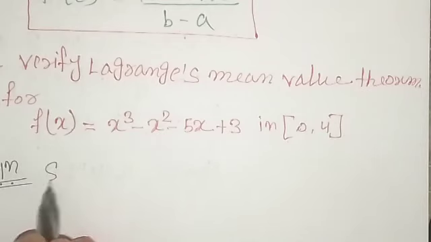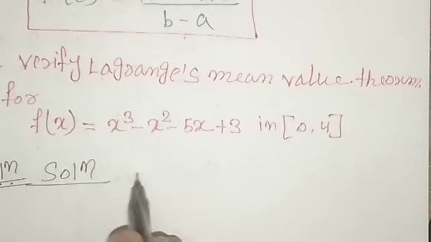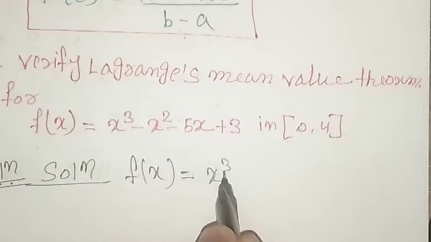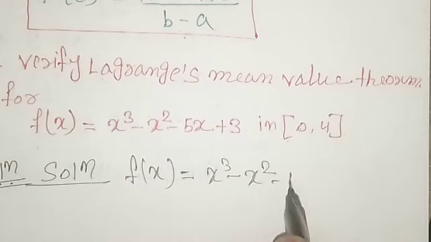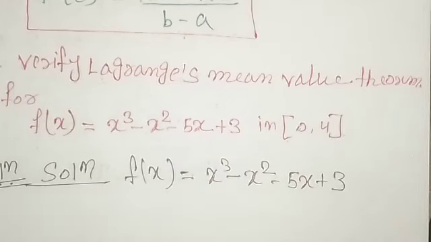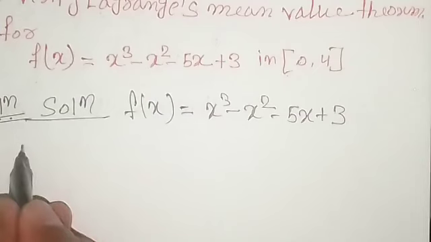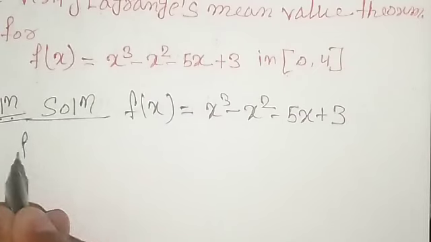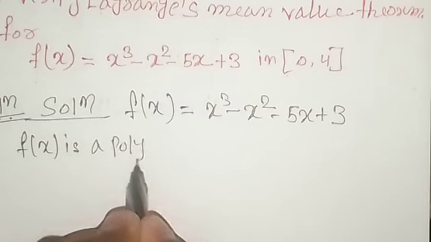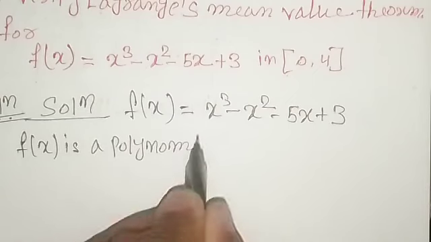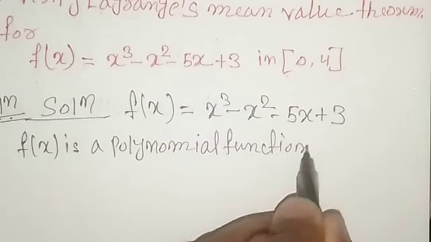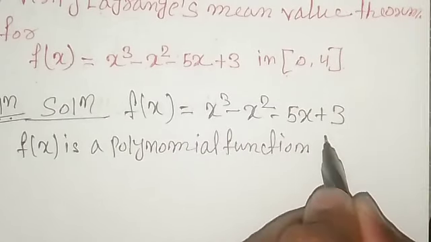So here we go. Solution: f of x is equal to x cube minus x squared minus 5x plus 3. It is a polynomial function in x.